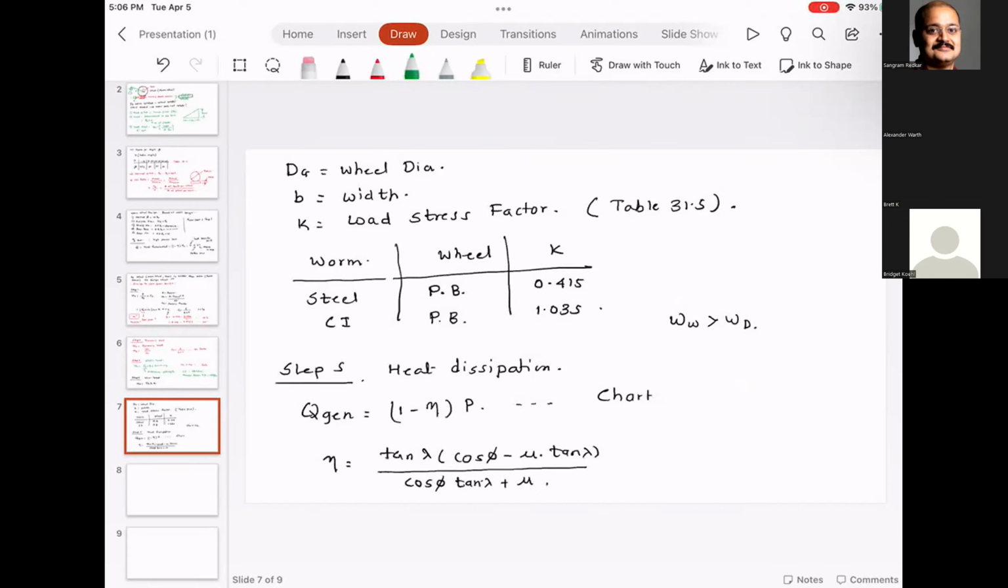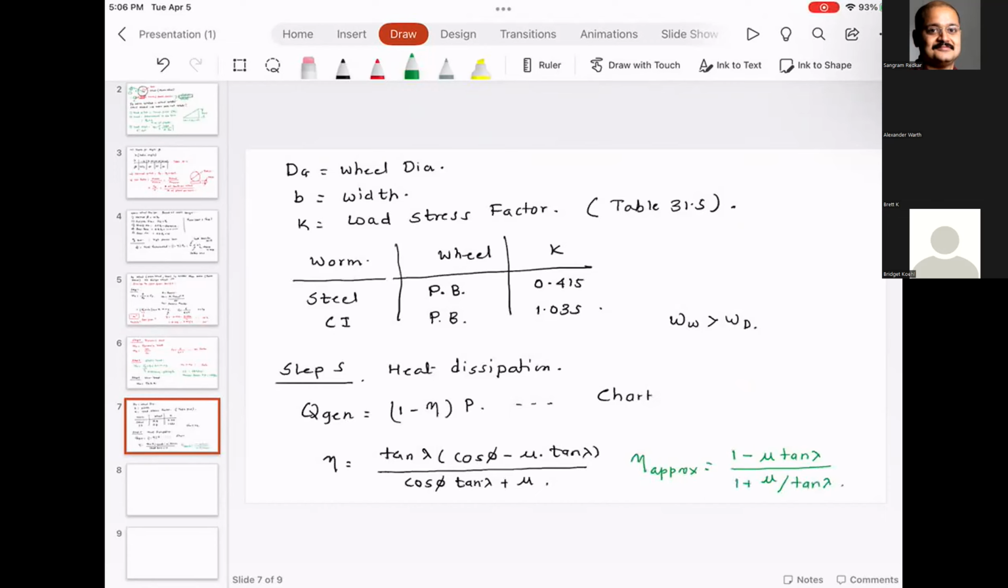Alternatively, let me give you an approximate equation: efficiency is (1 minus mu tan lambda) divided by (1 plus mu divided by tan lambda).